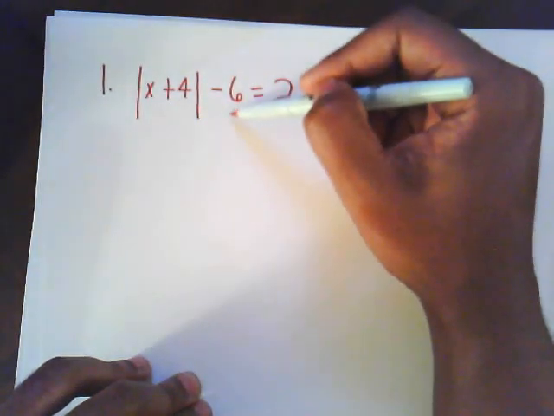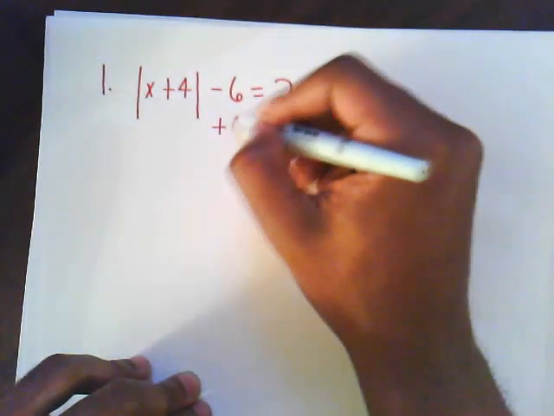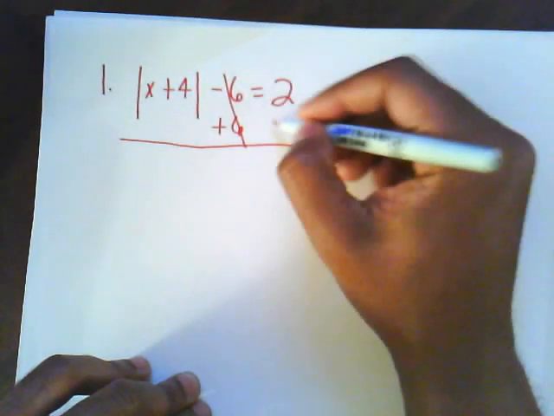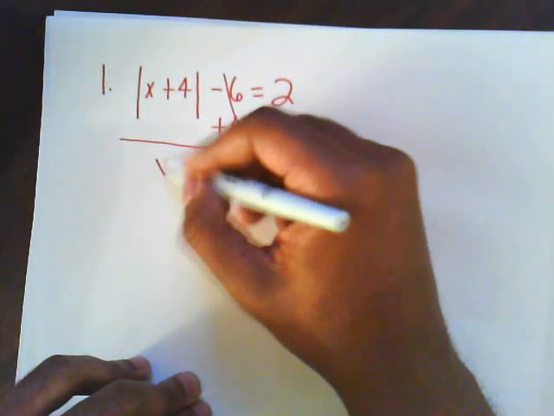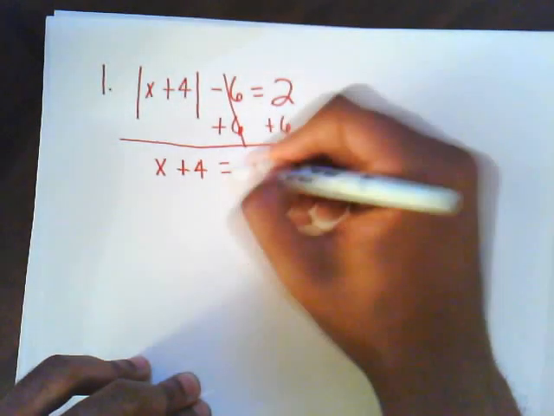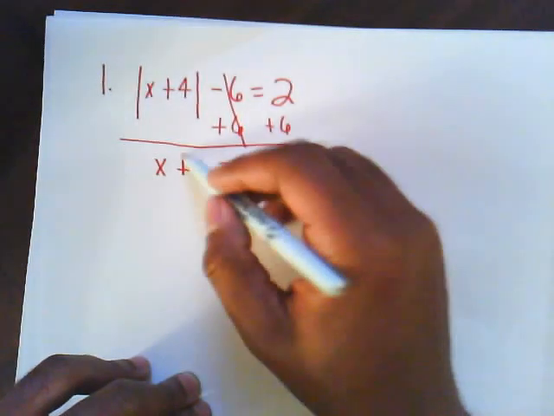So, what's the inverse of minus? Addition. So, we would add 6. 2 plus 6 is 8. So now we have x plus 4 equals 8. At this point, you circle the equation.